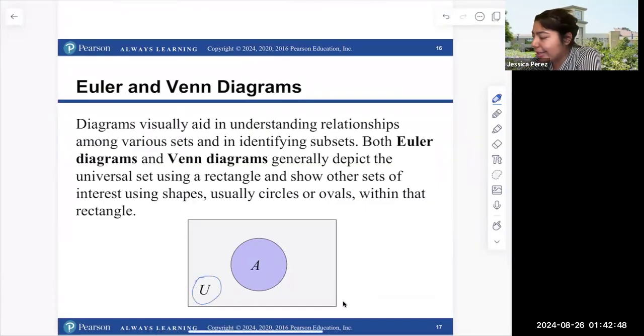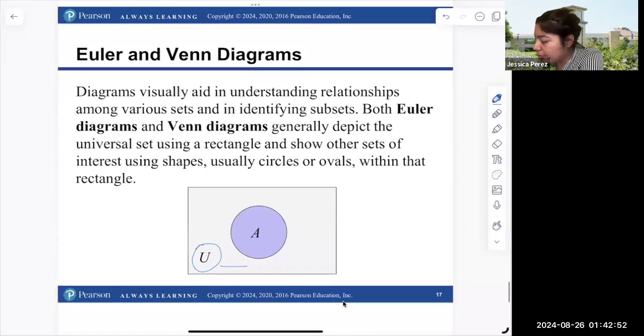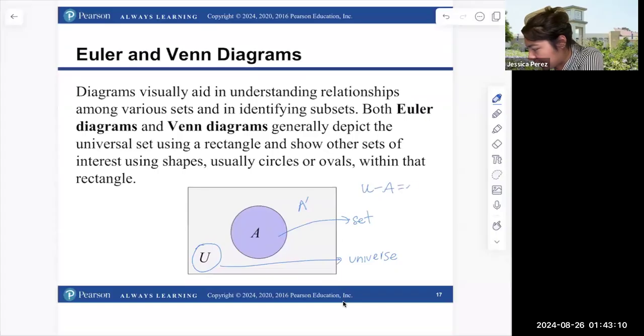And then A is the set. So U is the universe, and A is the set. So then you can find that A prime is all the way on the outside. So U minus A will give you A prime.